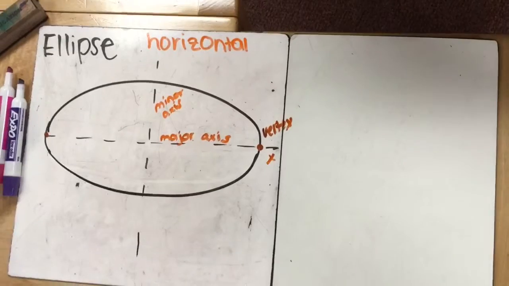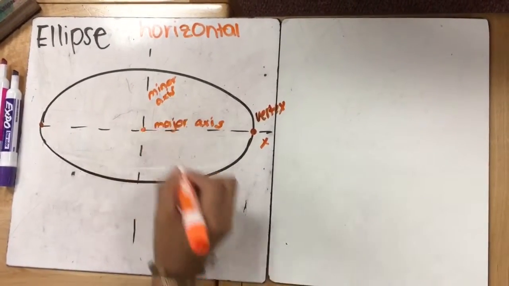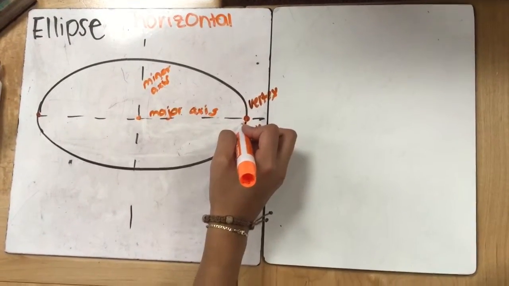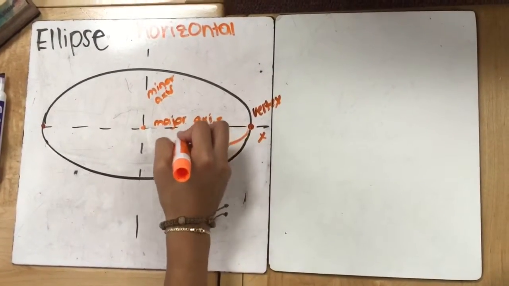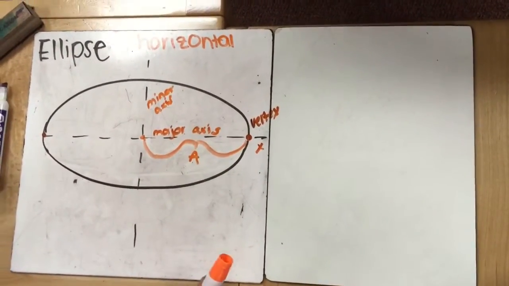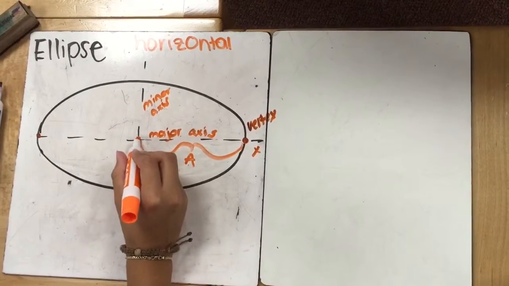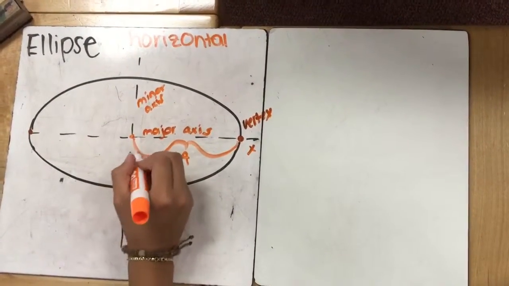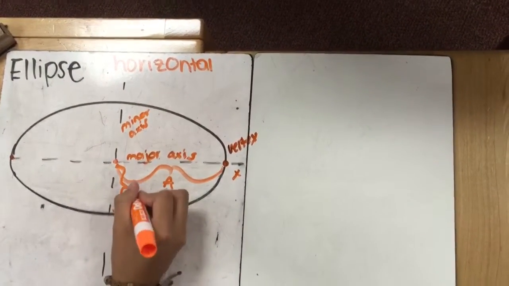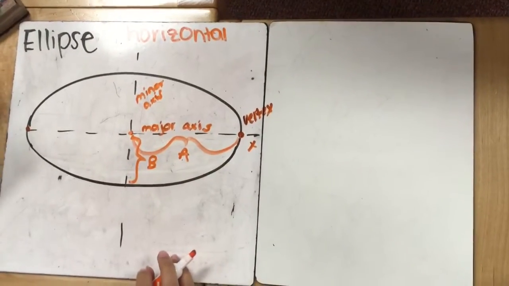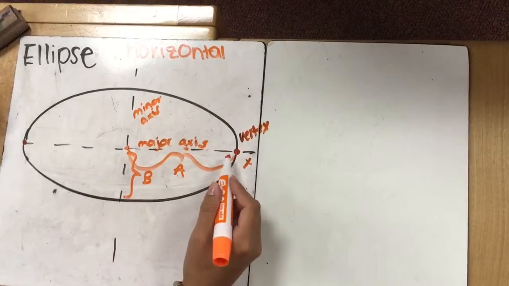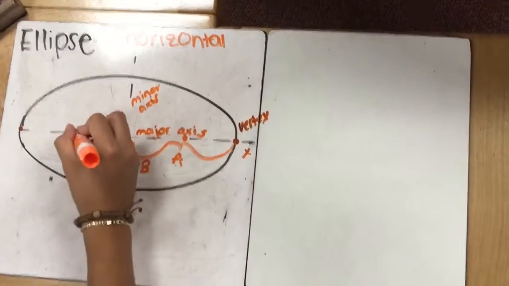The origin is right here, and the distance from one of your vertices to your origin will be called A. The distance from your origin to the edge of the oval, half of the minor axis, will be called B. Here in the middle between the origin and the vertex is your focus, which can be found on each side.